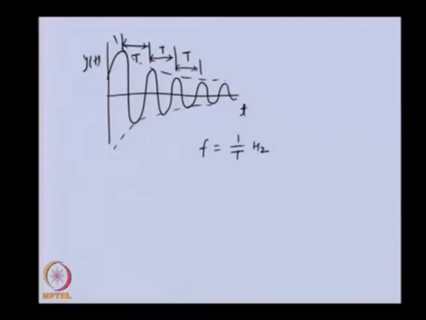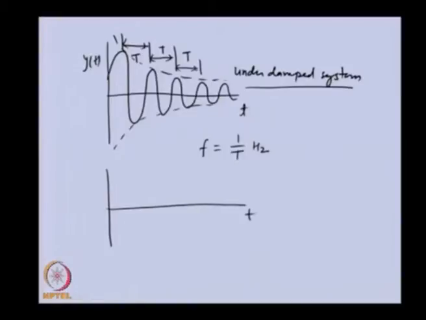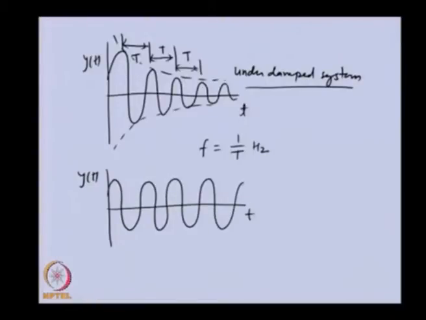And this particular response, as I mentioned, is called an underdamped system. In the previous case, when there was no damping, we expect the response plot to be simple harmonic. It will not decay.